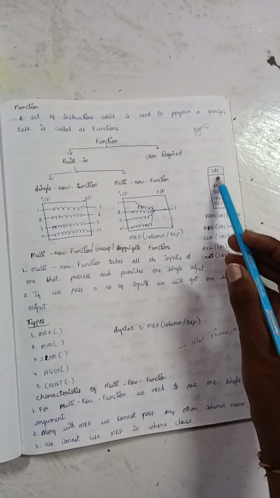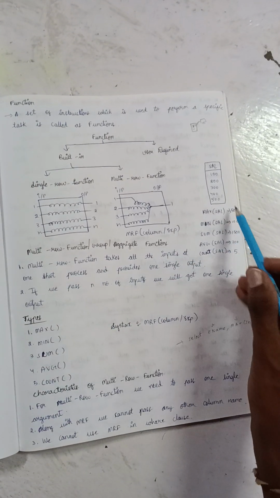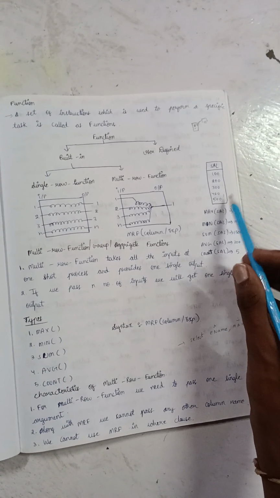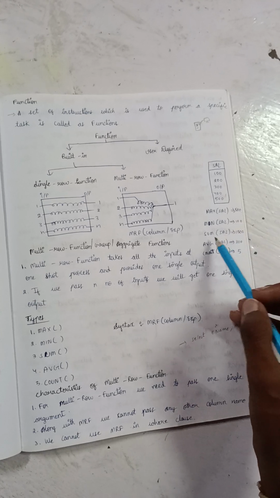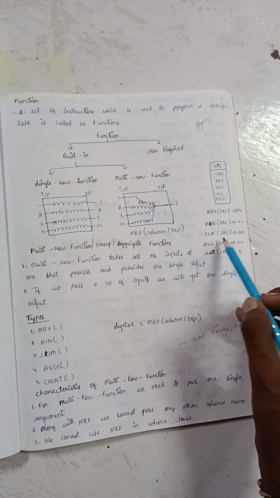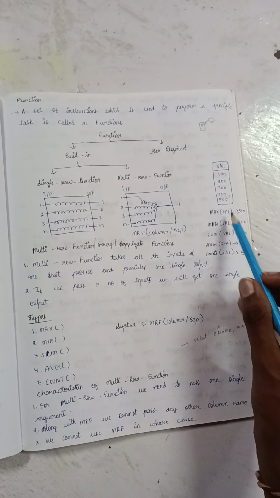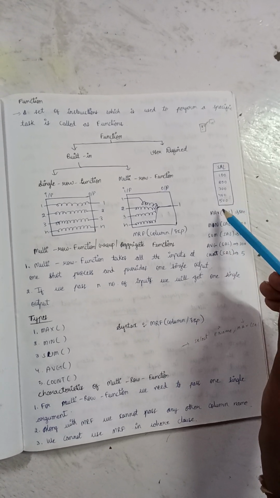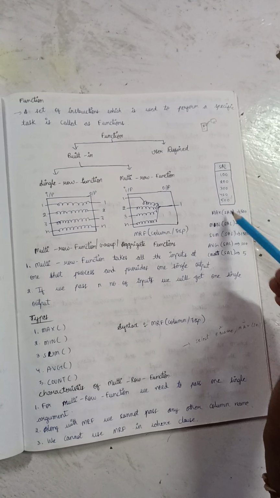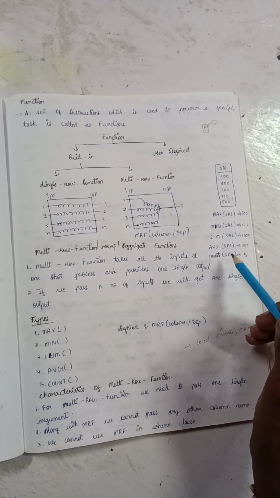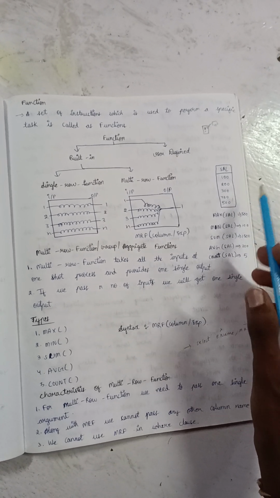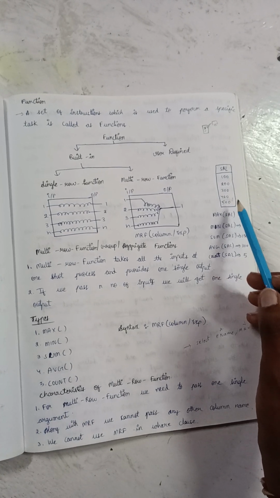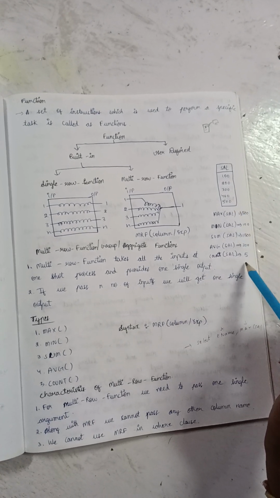Max gives the maximum value and min gives the minimum value. Sum is used to get the sum of all the values. Average is the sum of all the values divided by the total number of values. Count is used to get how many salary values are present.